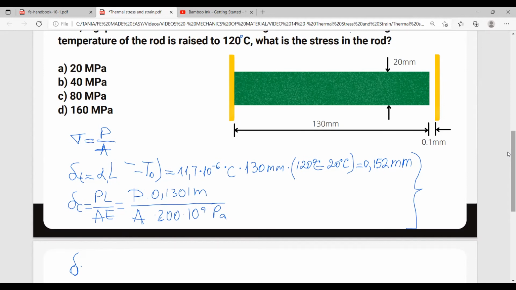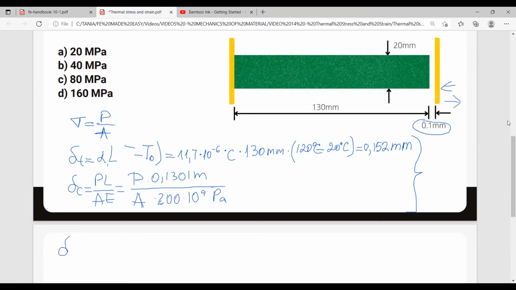And after all this deformation occurs, the final deformation equals 0.1 millimeters. So let's write it down. Deformation due to the temperature acting on the rod. Once it reaches the wall, we'll have a deformation going in the opposite direction due to the compressive load. And finally, the final deformation that occurs is 0.1 millimeters.